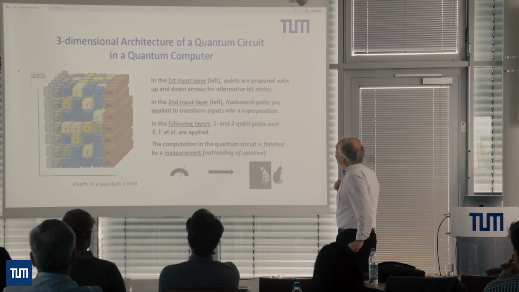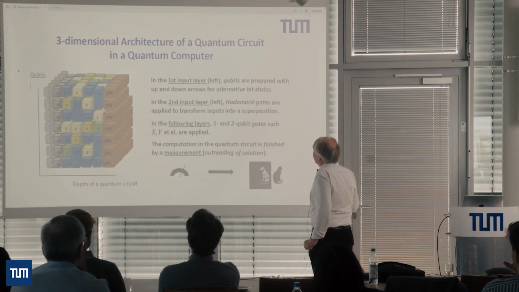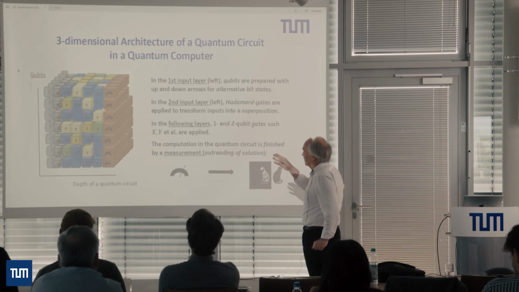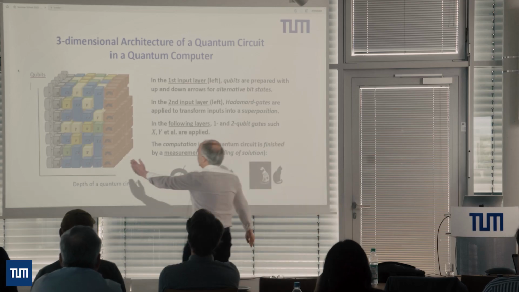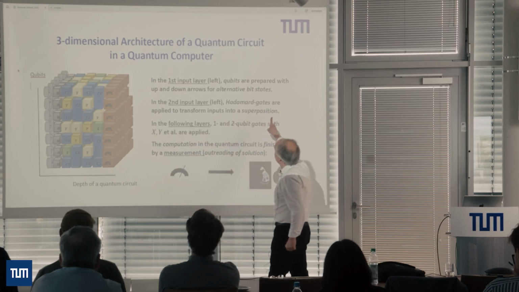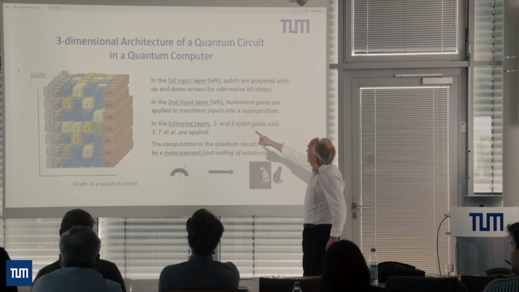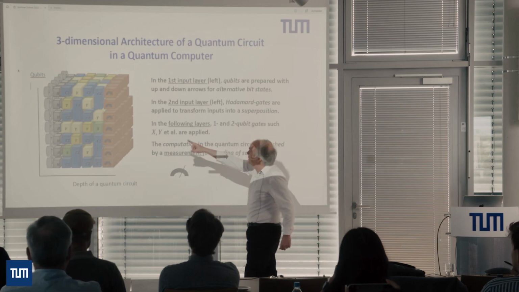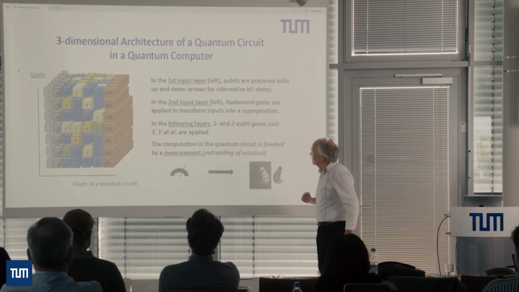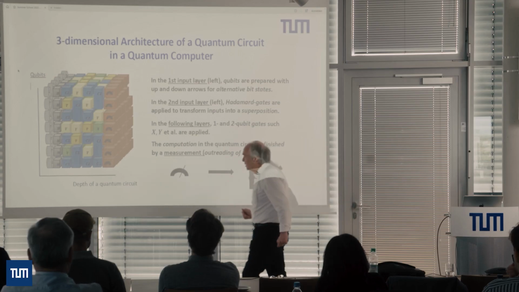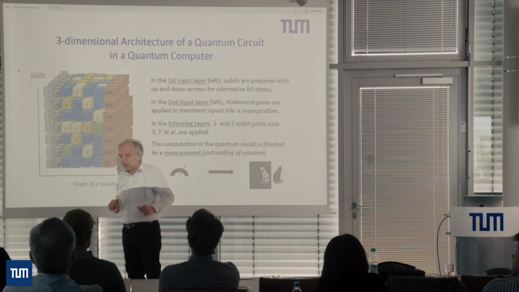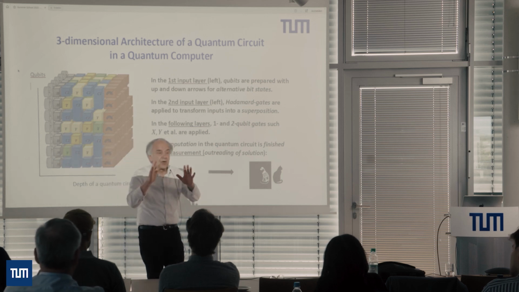That is an architecture of the quantum computer with different layers from left to right. And in the first layer, the qubits are prepared with up and down arrows representing the alternative bit states. And then, very crucial, in the second layer, there are the application of the Hadamard operator.